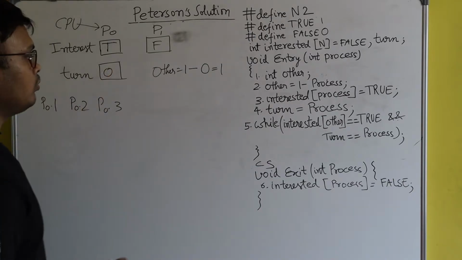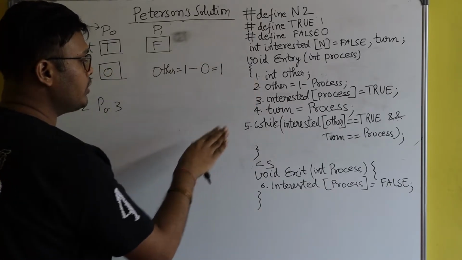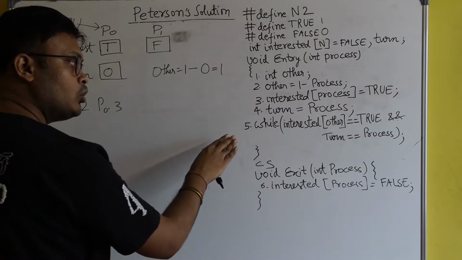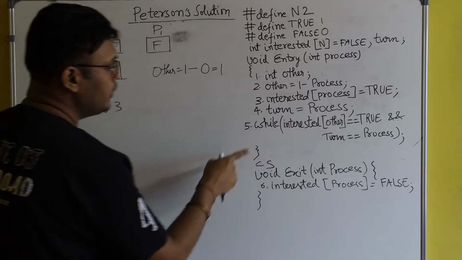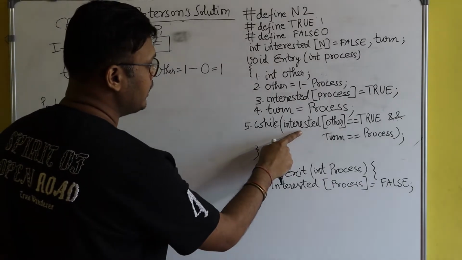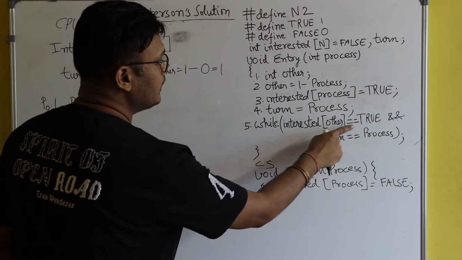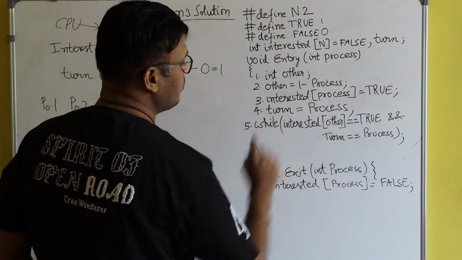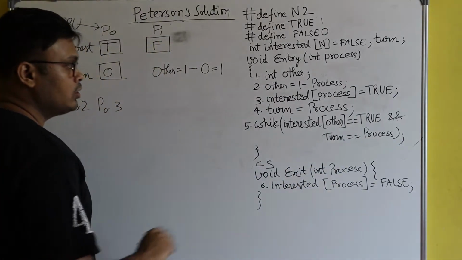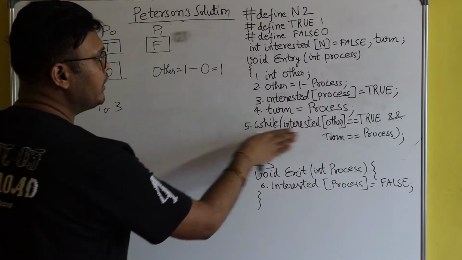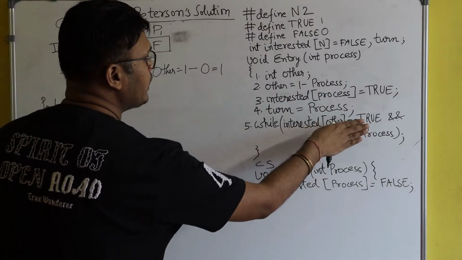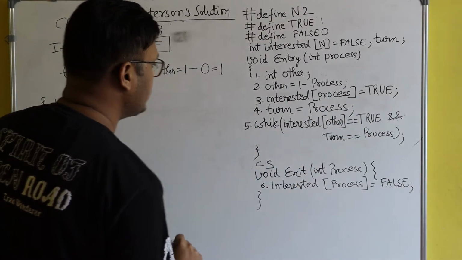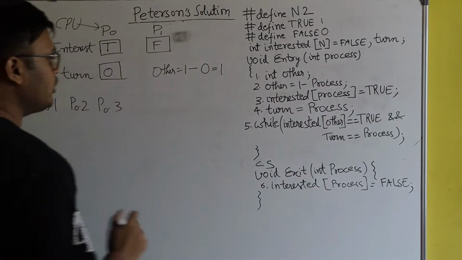Okay. Now, since P0 is interested to enter the critical section, P0 will execute this while loop. In the while loop, you see what I have written: interested of other is equal to true, and turn is equal to process. So P0 will definitely try to break this while loop, and let's see whether P0 can succeed or not.